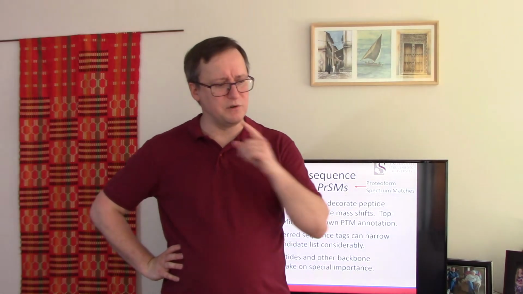Let's imagine that the only PTM we need to take into consideration is methionine oxidation. Methionine is a pretty rare amino acid, and yet if you have a protein sequence that's 200 amino acids in length, the odds are you're going to have multiple methionines on board.